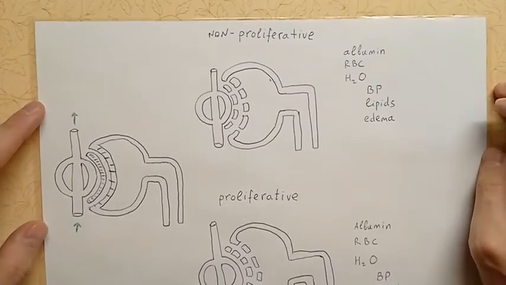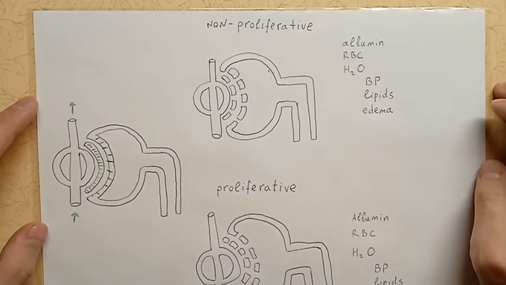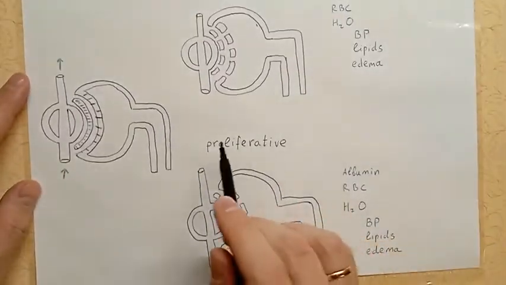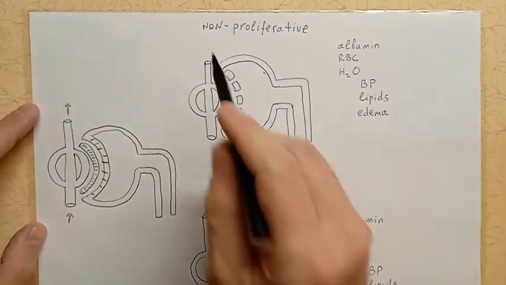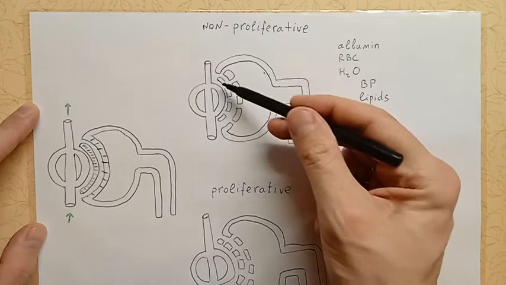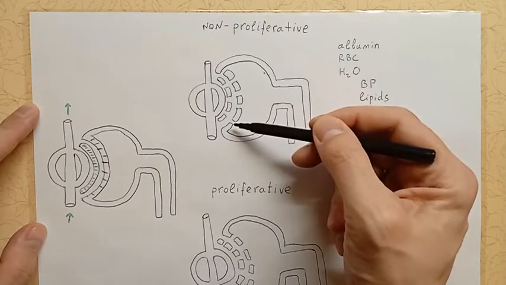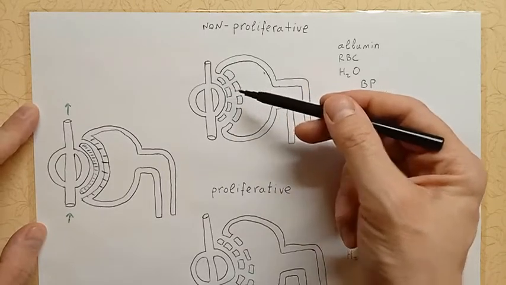There are two kinds of glomerulonephritis: non-proliferative and proliferative. What is the difference? Non-proliferative involves the membrane and the cells of the Bowman capsule. Those cells are called podocytes.